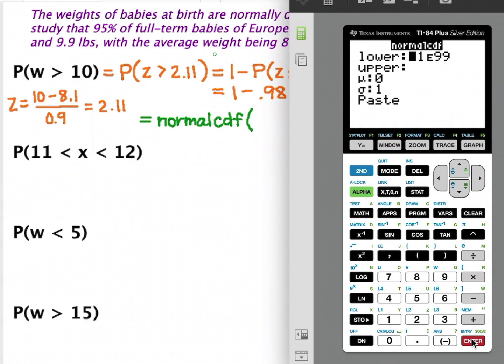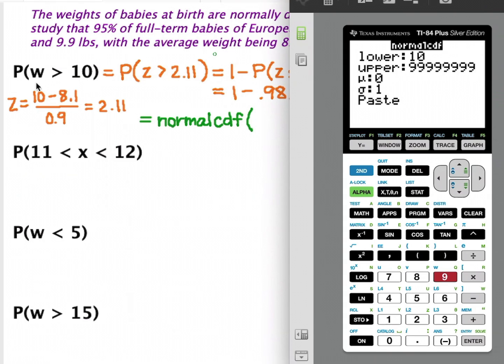So if I were talking about W, the weight, being greater than 10 pounds, the lowest weight that I'd be looking at is a 10-pounder. The heaviest baby I'd be concerned about is a 999,000. If I could put infinity right there, I would. Just put a huge number. So I'm talking about a baby that weighs between 10 pounds and way more than that.